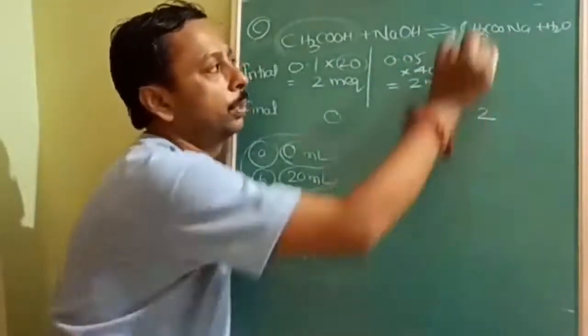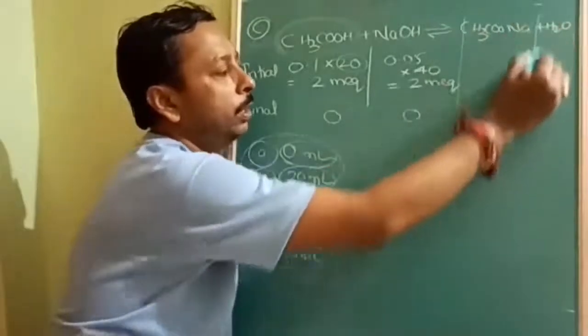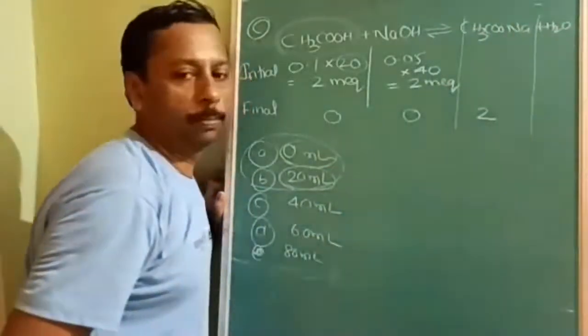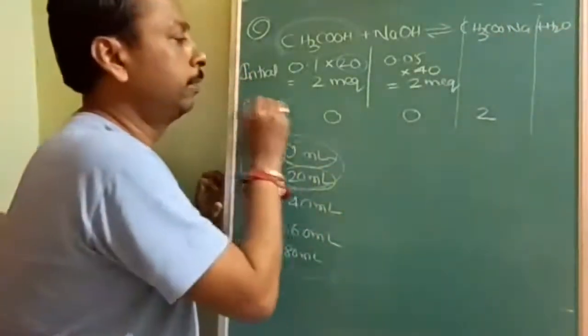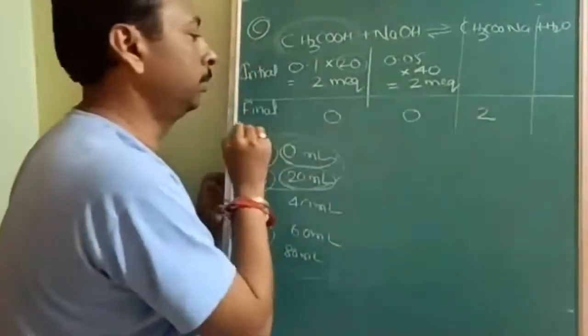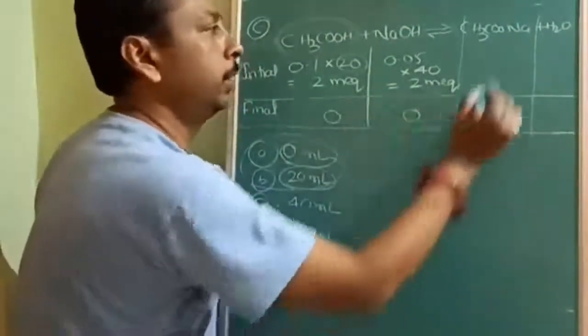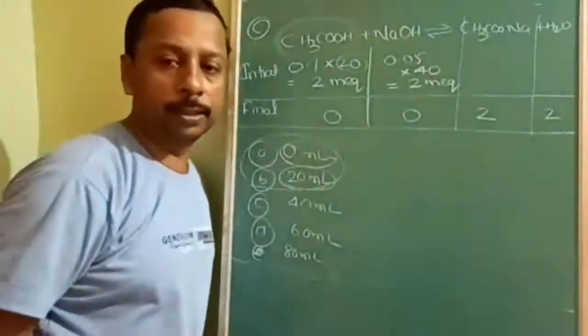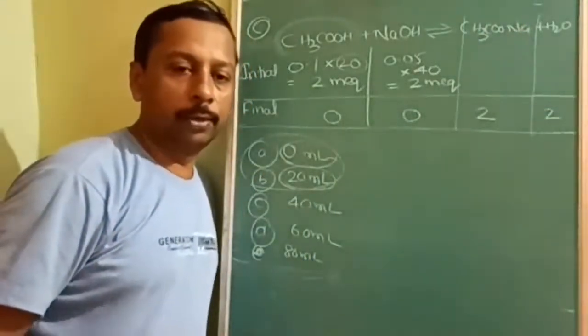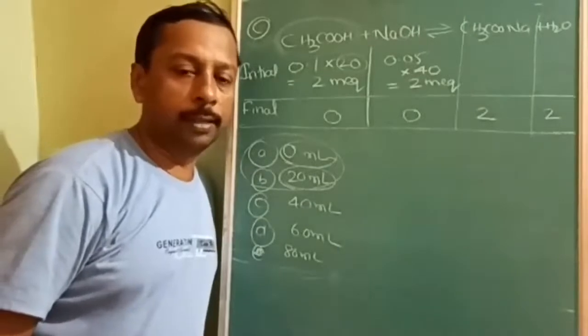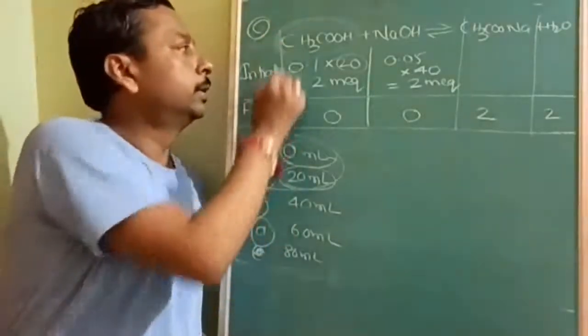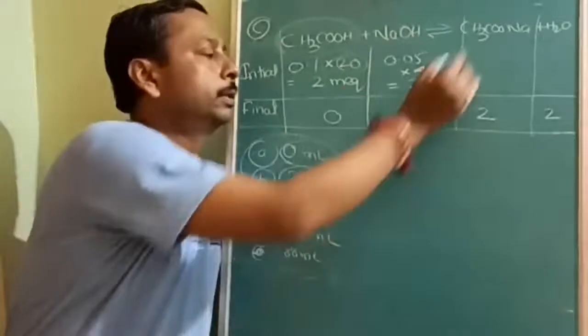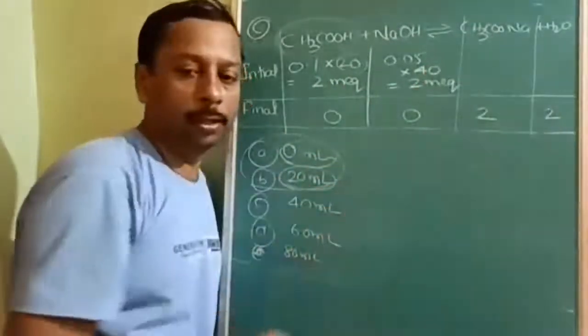If 2 milli equivalent of this react with 2 milli equivalent of this, what is it going to form? 2. Okay. Now tell me what is the formula we have to apply at this condition. Finally, we are left with what? Salt and water, no acid, no base. So which formula will we use at this condition where we have no acid, no base, only salt and water?